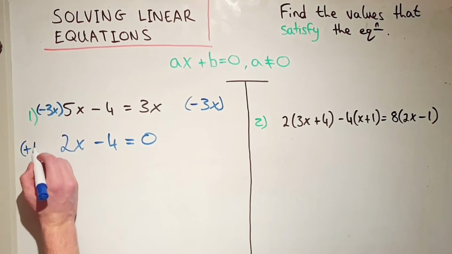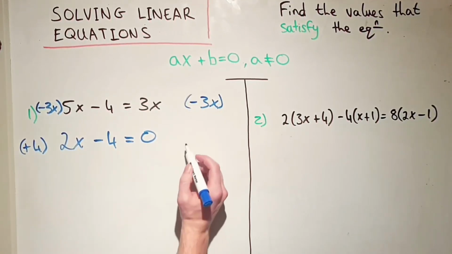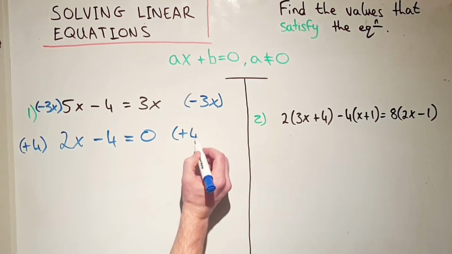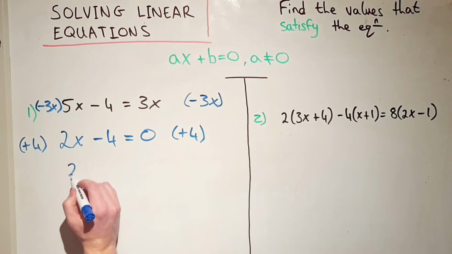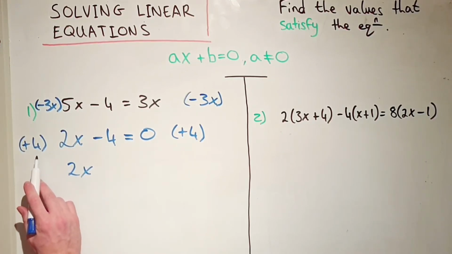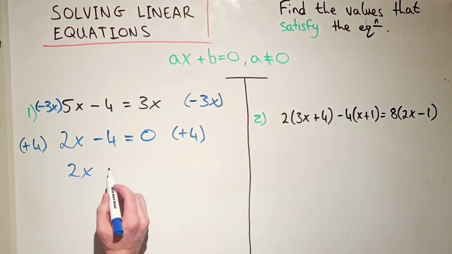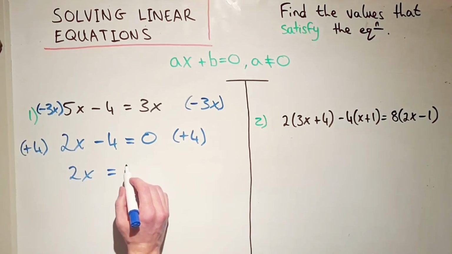We're going to add 4 to the left hand side, and because we have to do the exact same on the right, we're going to add 4 to the right hand side. So then we have a 2x, and the minus 4 will cancel with a positive 4 to just give us 0, so we don't need to write that down. And then we have a positive 4 on the right hand side.